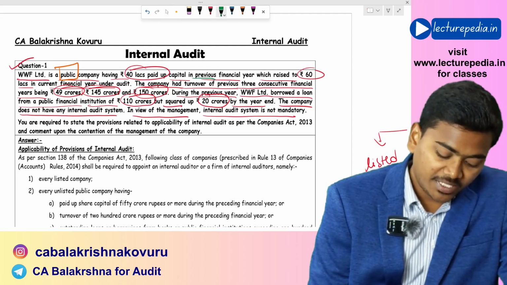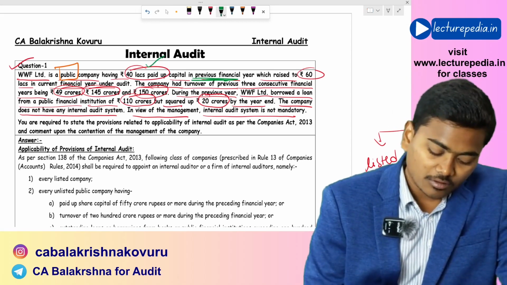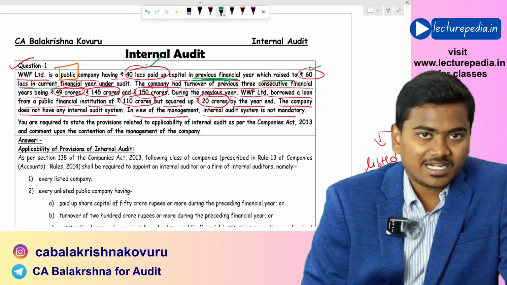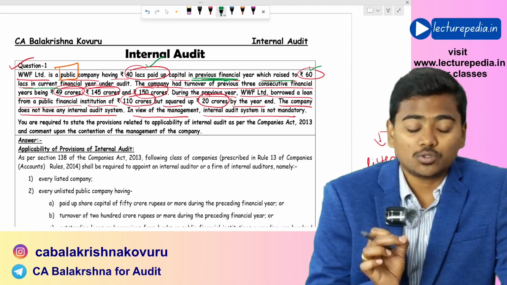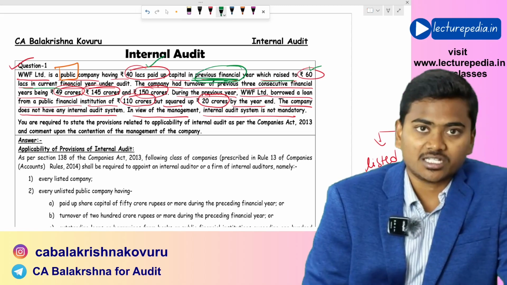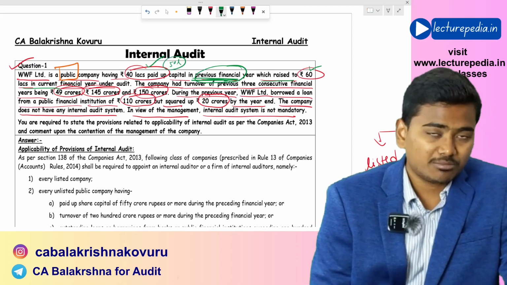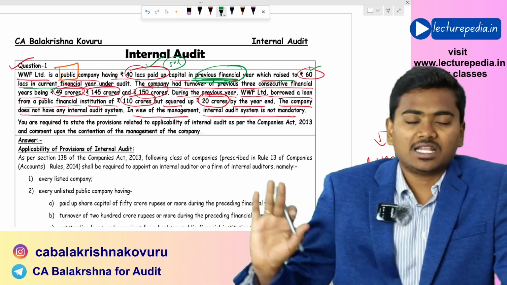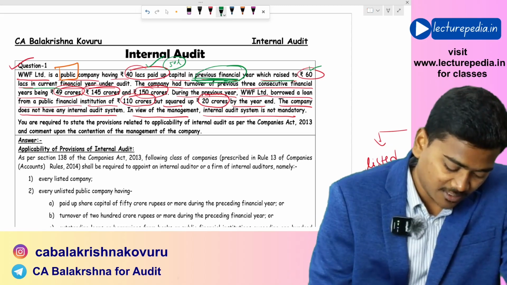During the previous financial year, paid up capital is 40 lakhs, which rises to 60 lakhs in the current financial year. You should not be concerned with the current financial year. You need to check during the previous financial year. During the previous financial year, it is less than 50 lakh. That means the first condition, the 50 lakh criteria, is not satisfied. Okay, let us see whether other criteria will get satisfied.